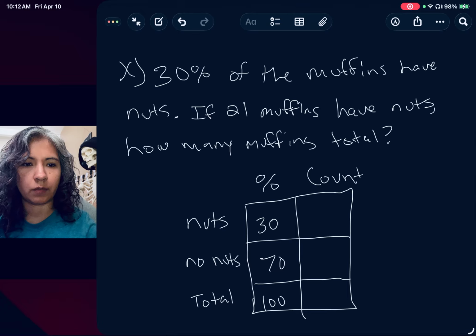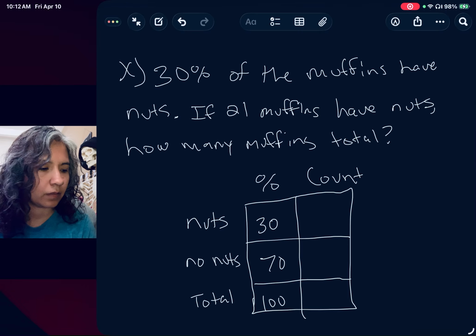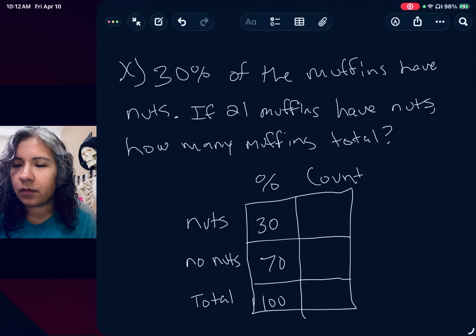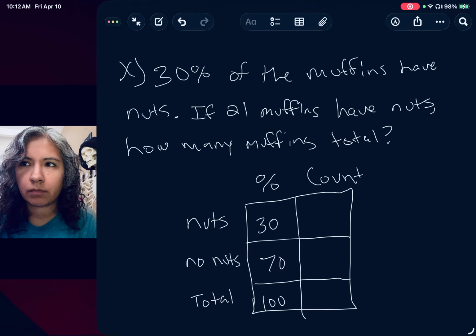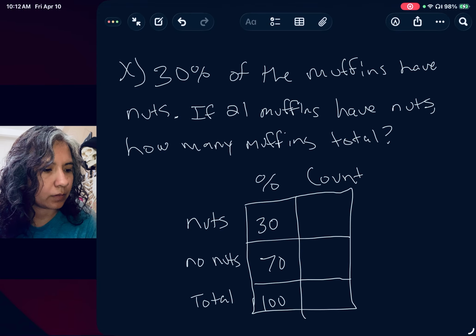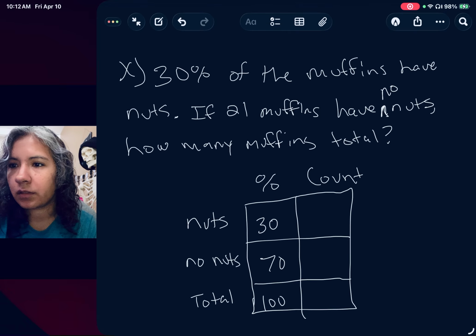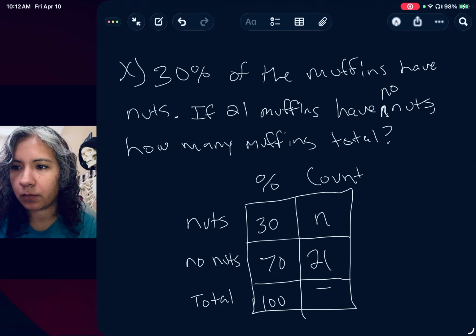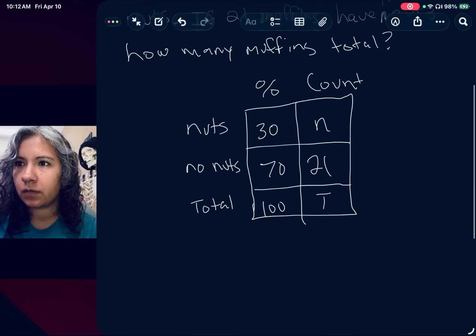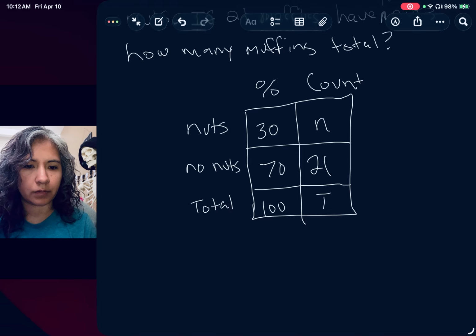And so we know that, did I do this wrong? Okay, this one is actually 21 muffins have no nuts. So 21. So this is nuts and this is total. Right? So now we can do a ratio.